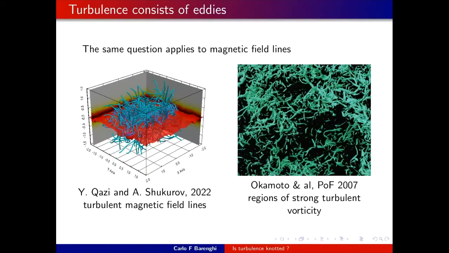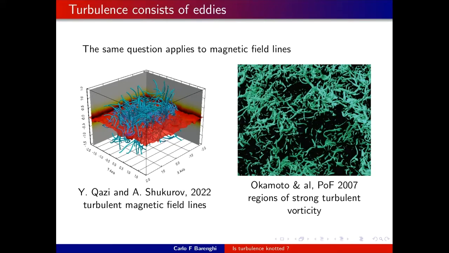But there are many fluid systems which are disordered, which are like that. And here, for example, there is another image of these strong turbulent vorticity regions, and essentially the same problem appears for the magnetic field when, together with the fluid being turbulent, there is also a magnetic field which is turbulent. There are many analogies between magnetic field and vorticity, which I don't want to go into.